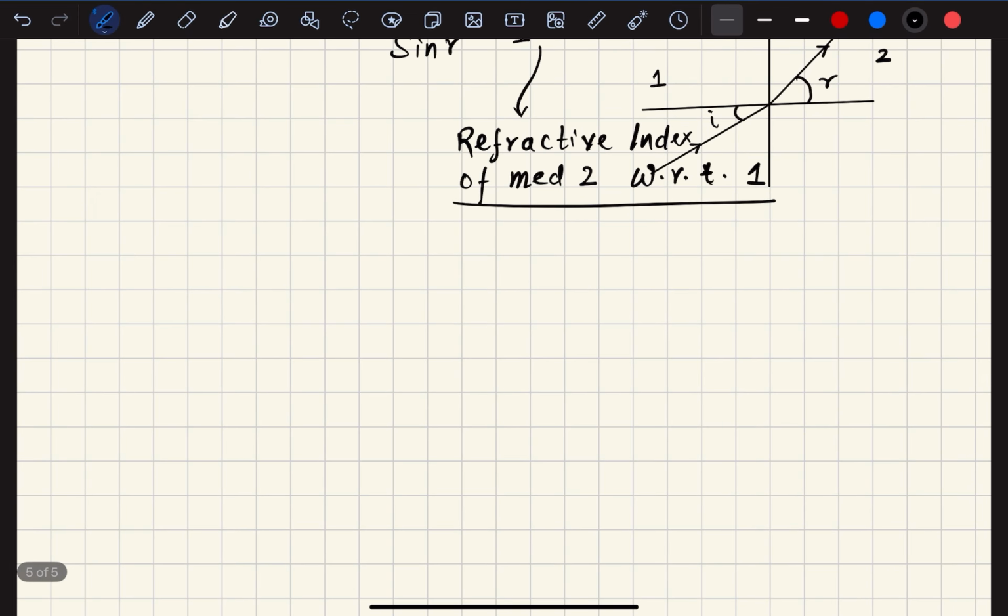Now what is the refractive index? The refractive index can be defined as sine of angle of incidence by sine of angle of refraction. That is okay.